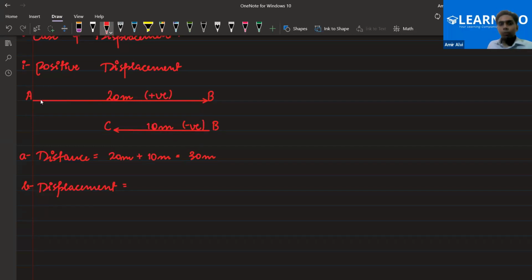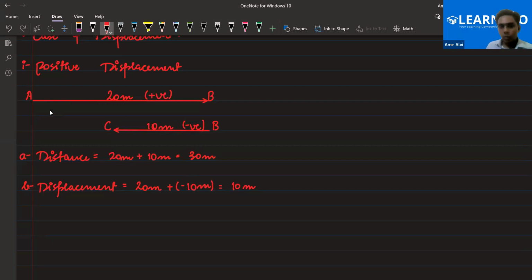As I'm going 20 meters in the rightward direction, this will be a positive journey, and I'm going B to C in the opposite direction, so I add that as negative. This is coming out to be 10 meters as the displacement.